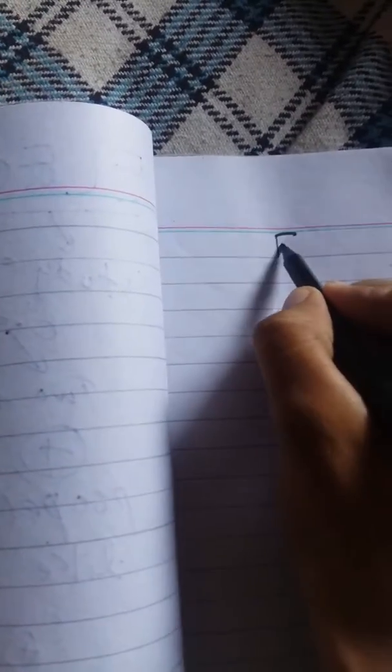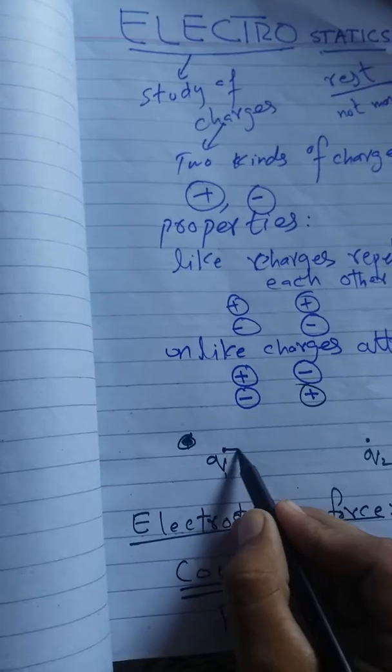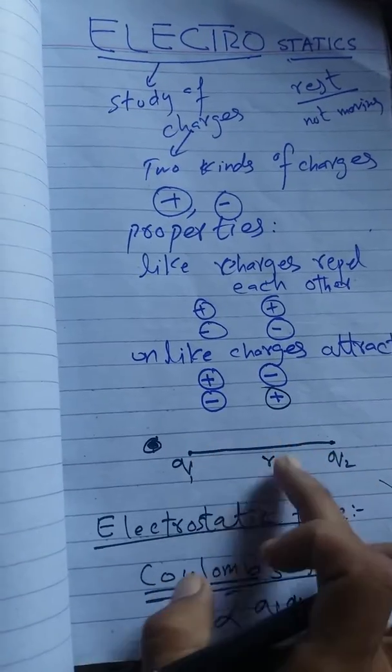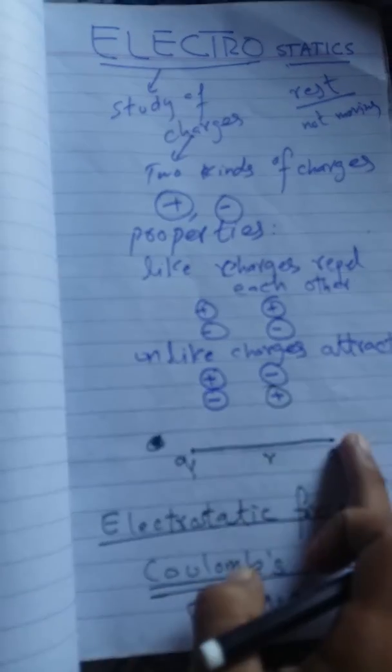And next, second, he said that the electrostatic force is inversely proportional to the square of the distance between them. This r is the distance between two charges.